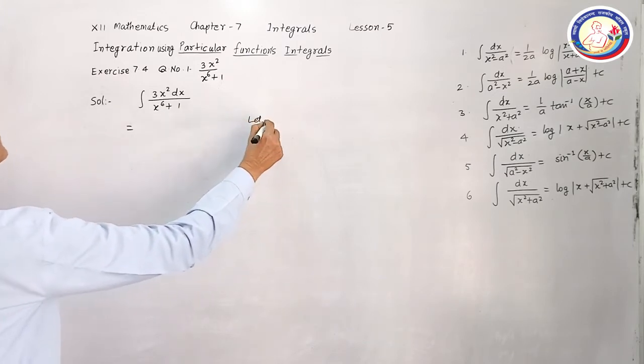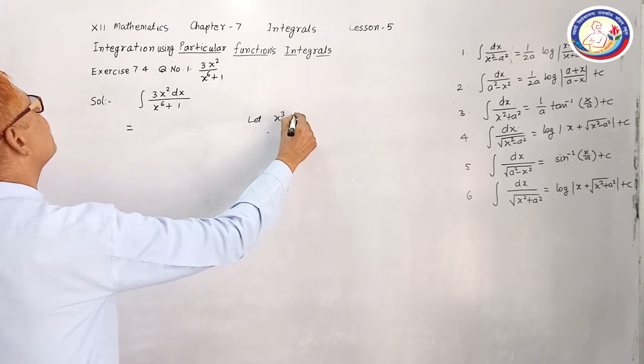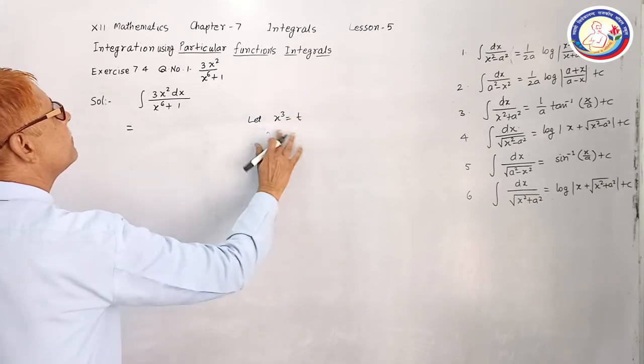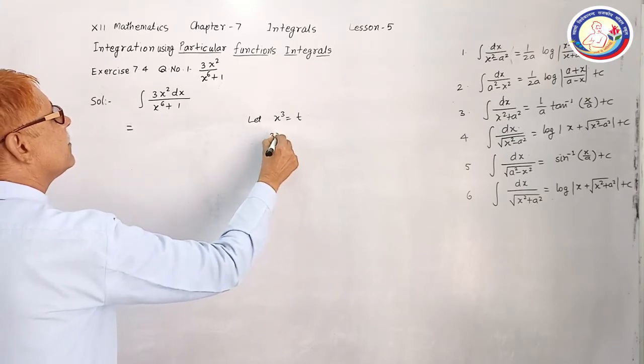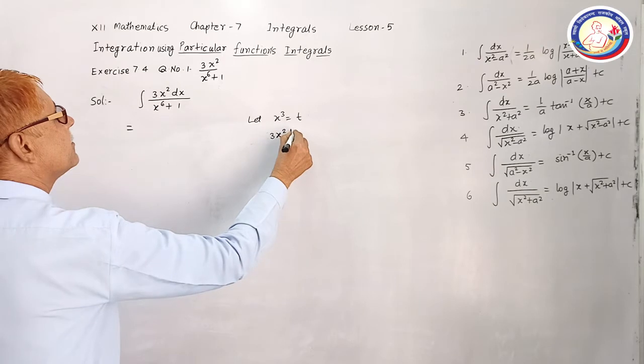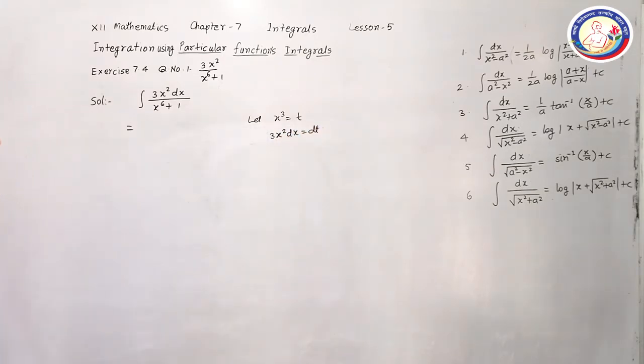Let x cube equal t. Then 3x square dx equals dt by our knowledge of differentiation. Now put this value here.